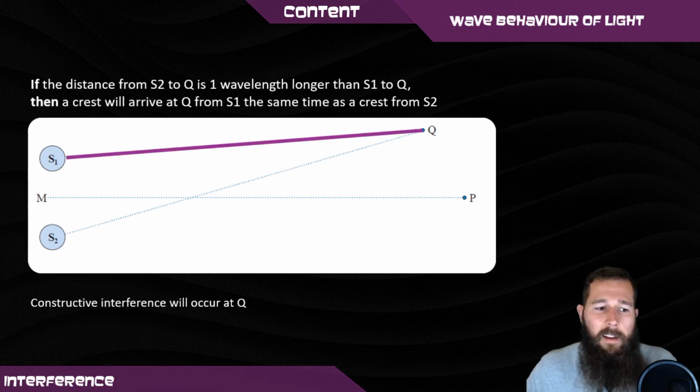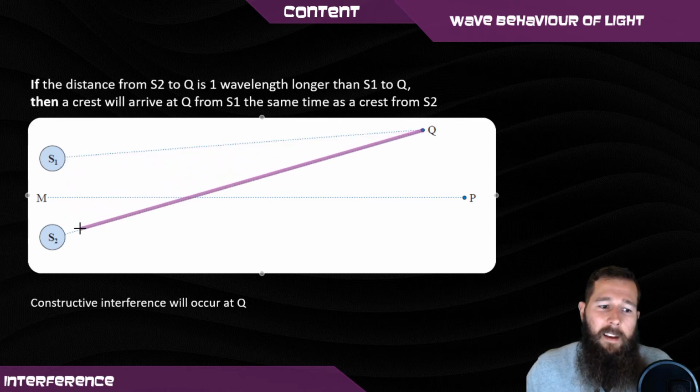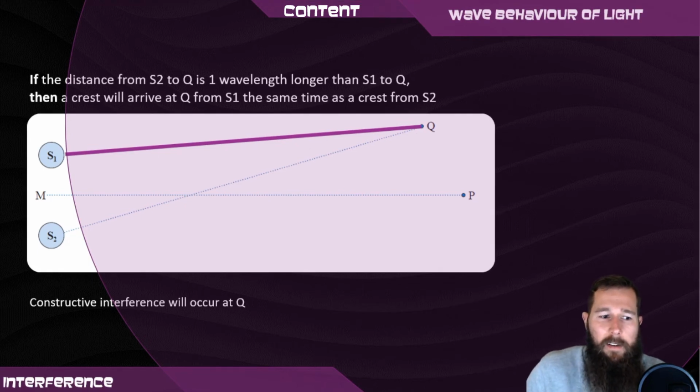So just emphasizing that, I've drawn a line from Q to S1, and if I don't change the length of the line, you can see, well, as best I can, it's slightly longer to get to S2. All right, and you can see here, what I've done is actually put a circle centered at Q. The edge of the circle hits S1. Again, this just emphasizes the fact that S2 is just that little bit further away. So when that little bit of extra distance that S2 has to travel is exactly one wavelength, then a crest from S2 will meet a crest from S1 at Q, and it will still constructively interfere.